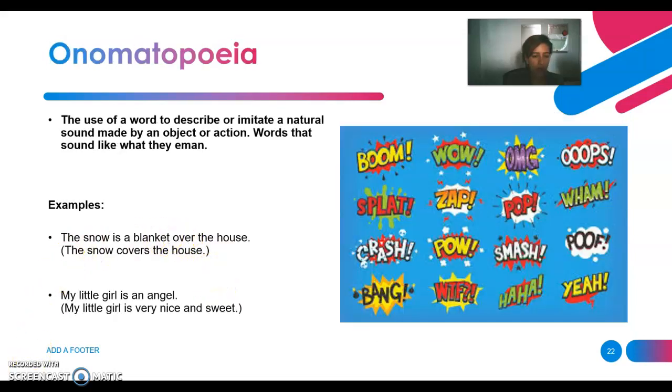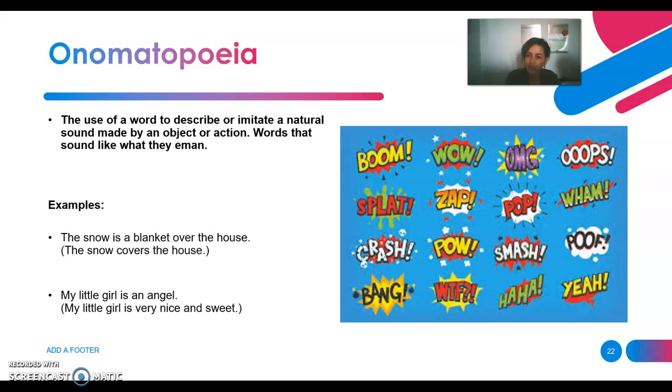Here we have onomatopoeia. It's a pretty long word. It is the use of a word to describe or imitate a natural sound made by an object or action. So these are words that sound like what they mean. For example, boom, wow, right?